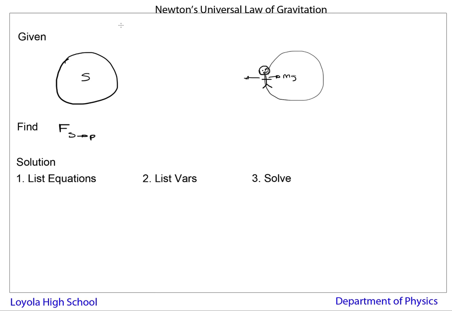And we need to know some numbers here, so let me throw some numbers out here for you real quick. The mass of the sun is equal to 1.99 times 10 to the 30th kilograms, which is a pretty large number. So we need to know the mass of the sun. We'll say this person for this example is 90 kilograms, a 90 kilogram person. And we also need to know the distance between the two objects.